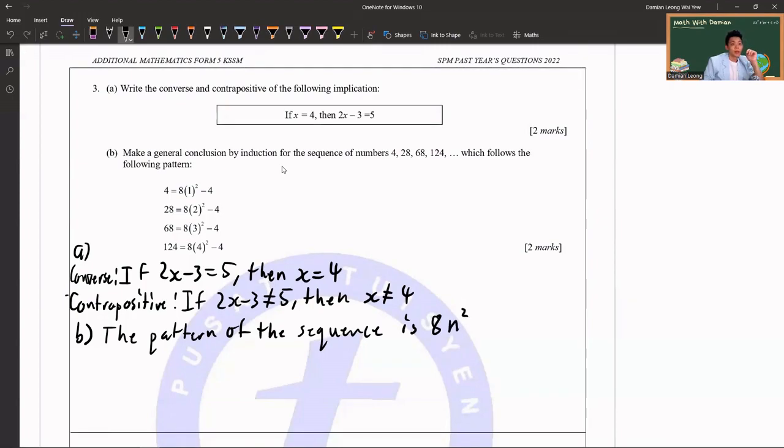Then squared minus 4. And you have to write where n is 1, 2, 3, 4, and so on. Yeah, you do have to include this part where n is what values. If you don't include that, they can take out 1 mark from the answer.